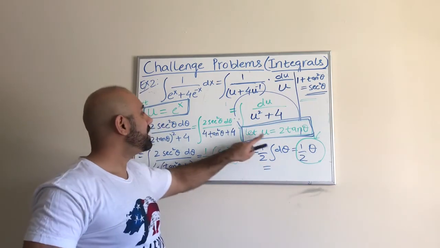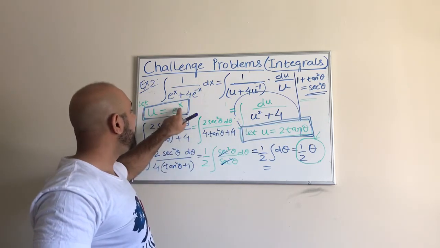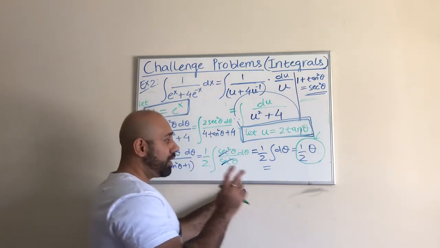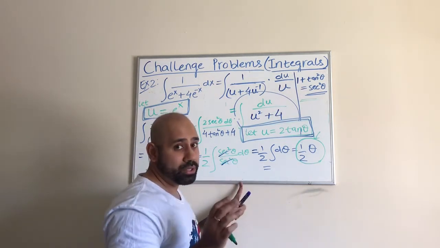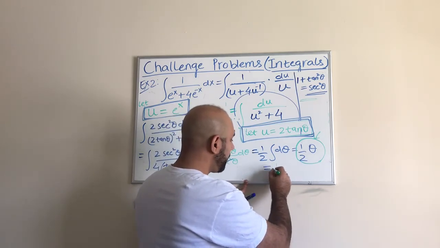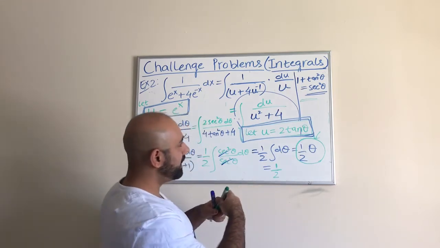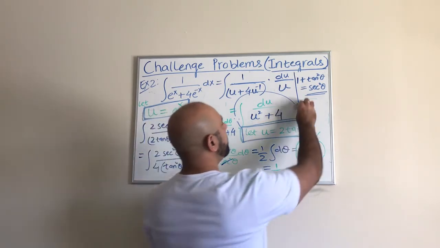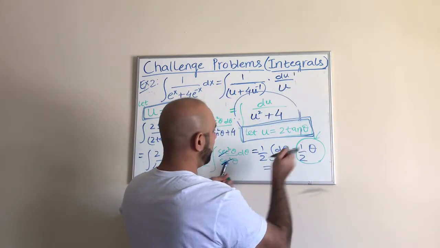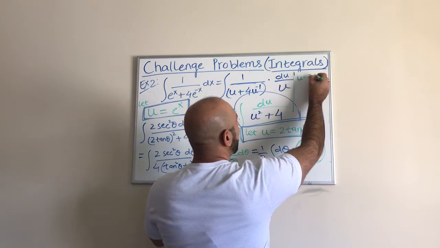But we know that the original function is not in terms of u, it is in terms of x, right? So the final answer also should be in terms of x. But we have to use two substitutions to go back to x. The first one is 1/2 theta. Guys, theta from here can be simply evaluated. How can we evaluate this? Let me again quickly remind you. Guys, this guy is u equals 2 tan theta.